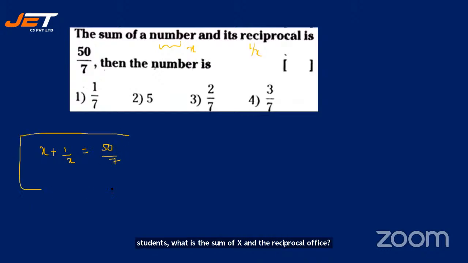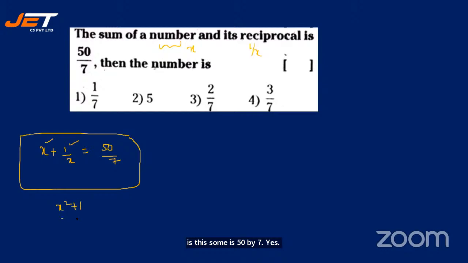So this is very important. First, you should identify that this is the actual equation that we are supposed to find out. All right. So you're assuming the number to be x. The reciprocal will be 1 by x. And this sum is 50 by 7. Yes. So take LCM, x squared plus 1 by x is equal to 50 by 7.